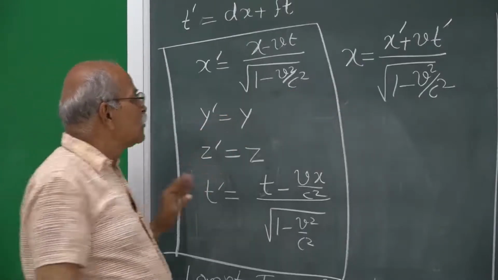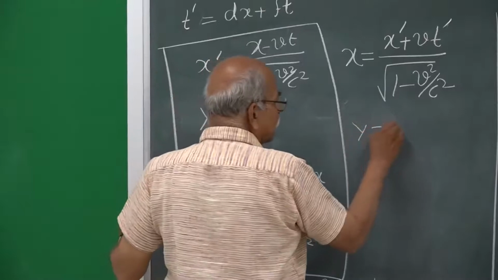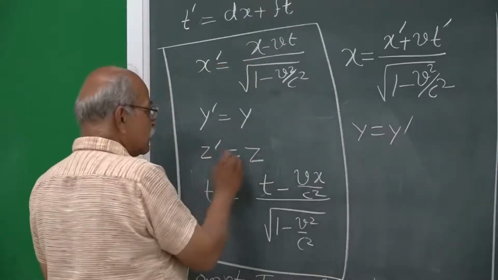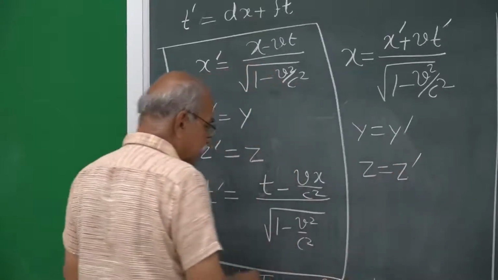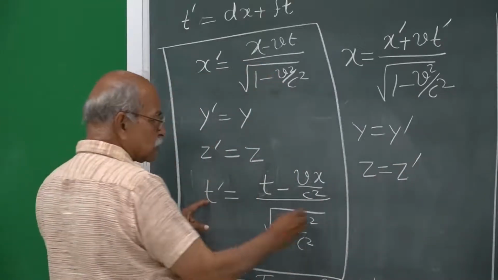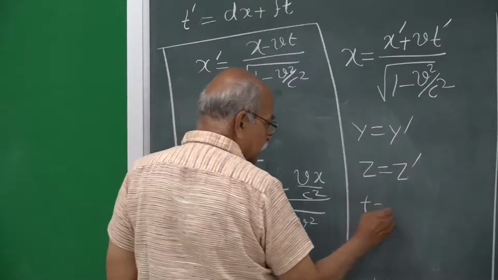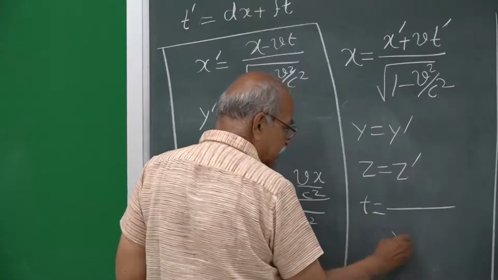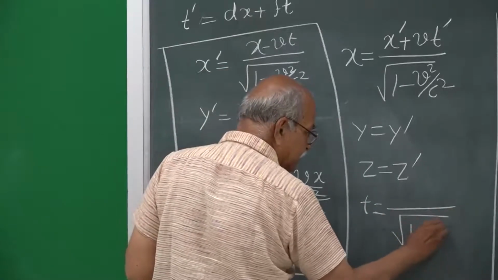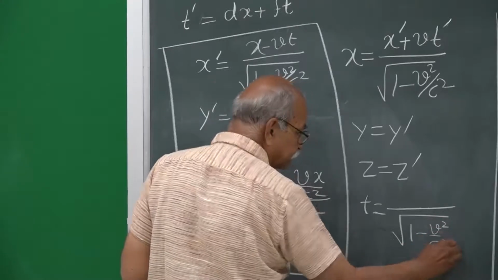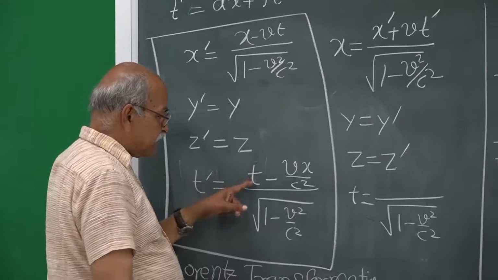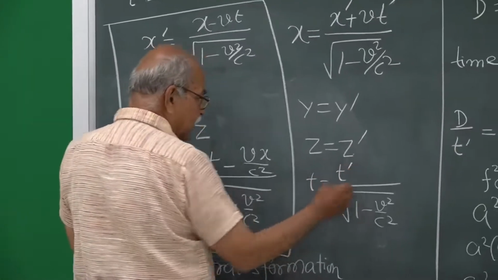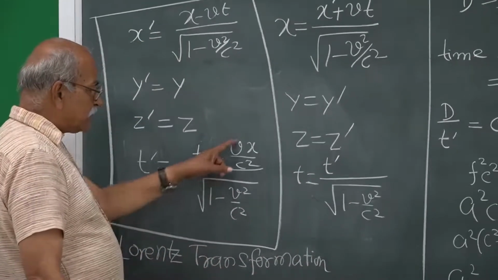y prime is equal to y will become y equal to y prime, z prime equal to z will become z equal to z prime, and here once again t. So, t here you have that same factor, 1 minus v square by c square, and then t prime in place of t, and minus v will become plus v.